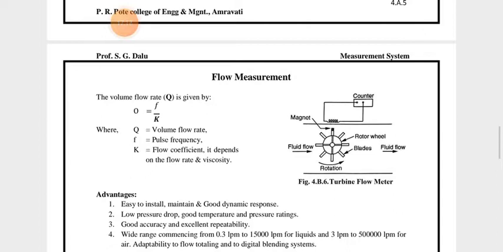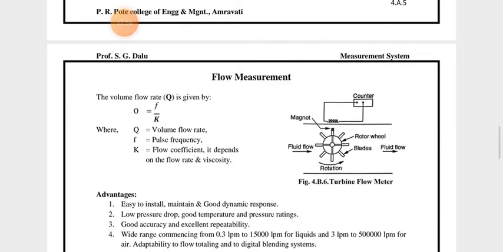When it rotates anti-clockwise, the blade on which the magnet is mounted will come closer to the coil which is provided outside the pipe. So each time, a pulse frequency is generated.